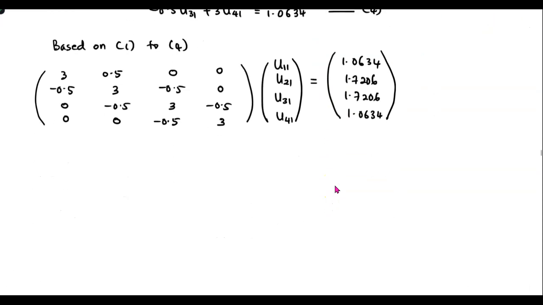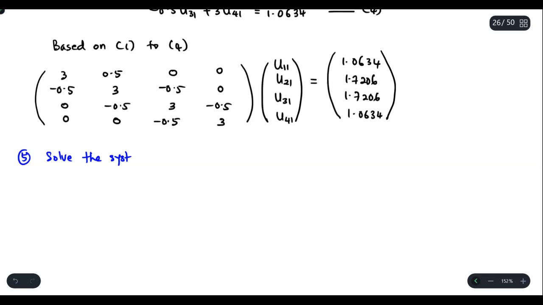So finally, step number 5, solve the system. Solve the system simply means obtain your unknowns. So in the exam, look carefully. If the question asks you to use a specific method to solve the system, then just follow.